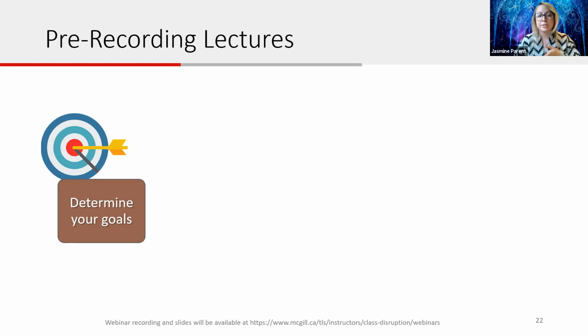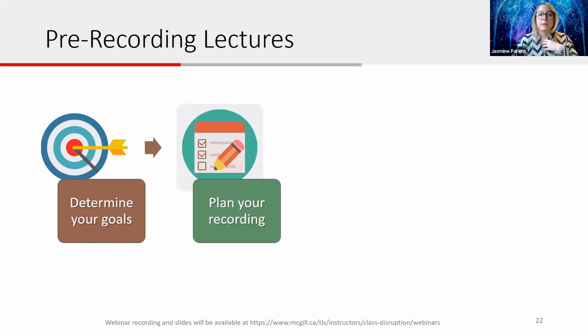As with most things in course design in general, you should always be thinking about your learning outcomes. So ask yourself along the way, how does this content I'm about to present relate to those outcomes? Have a plan in place with what you're going to cover.